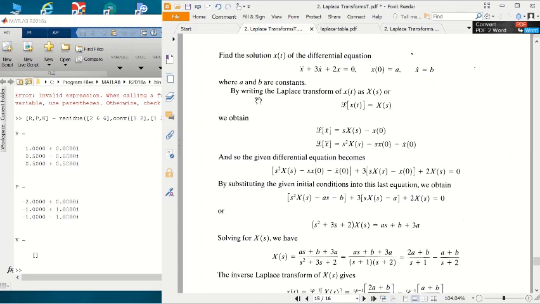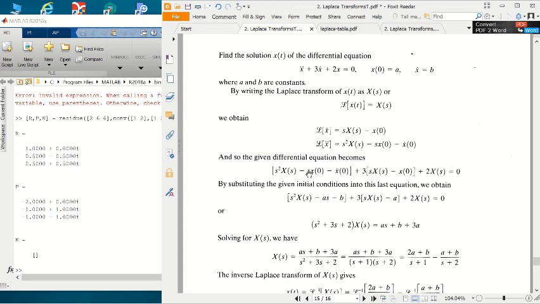First step, transform this into Laplace. For x double dot, we differentiate twice, so put s squared X(s), the equivalent of that in s domain. Don't forget to subtract the initial values, s x(0) minus x dot(0), and the values are given there: x dot(0) equals b, x(0) equals a.